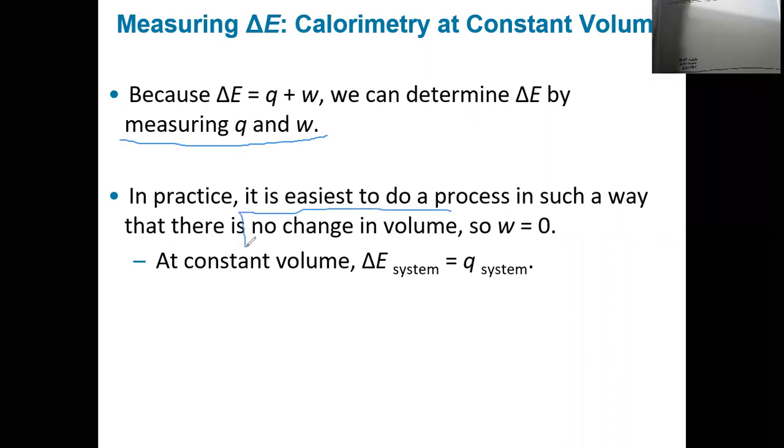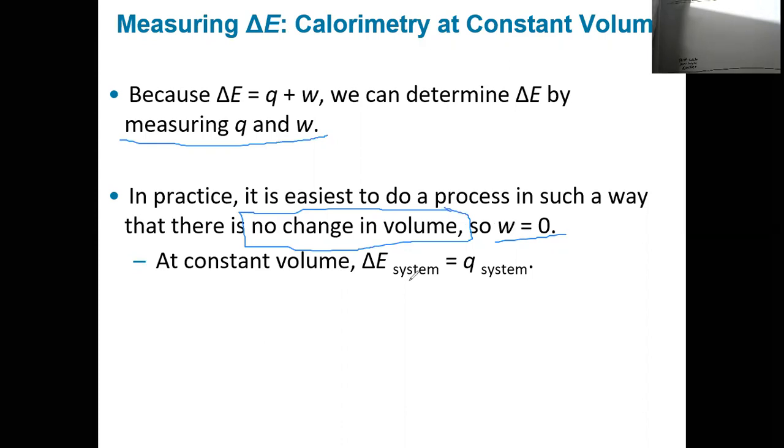if we have a system where there's no change in volume, right? So delta V is 0, that means that work would be 0, right? Because if you think back to your formula, work equals negative pressure times delta V. If delta V is 0, then when you multiply the pressure by it, you're going to get 0.